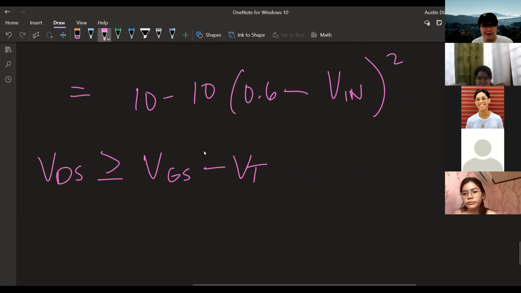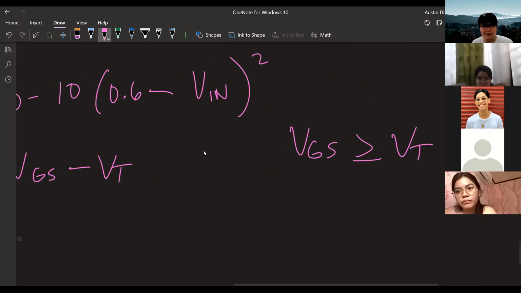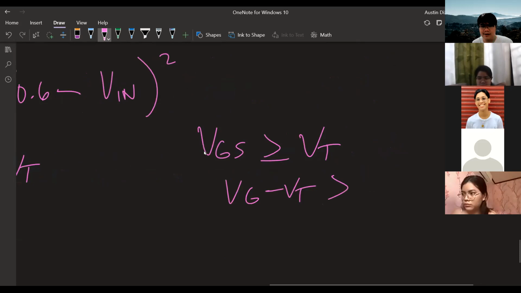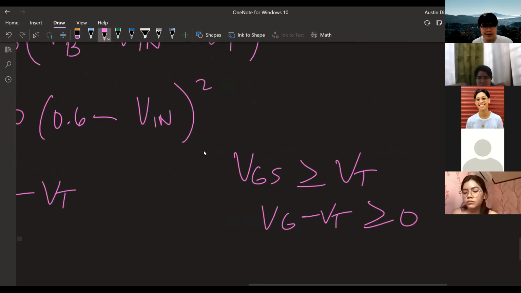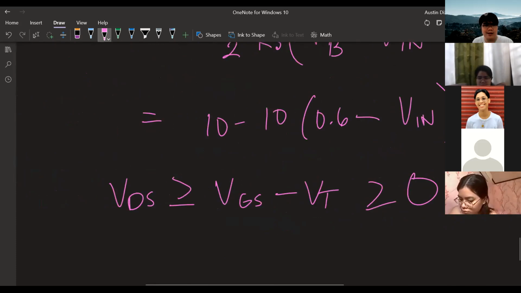Dagdagan pa natin ng inequality. Alam natin na si VGS required natin na must be greater than VT. Therefore, VGS minus VT greater than 0.